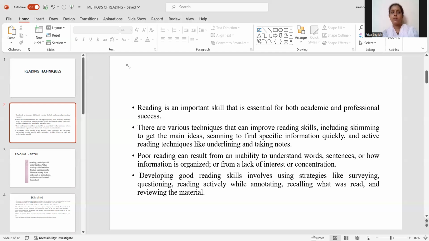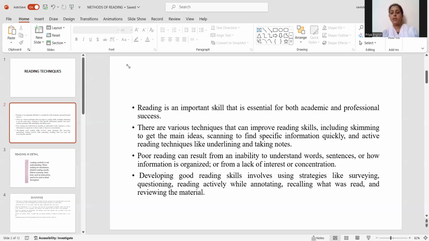When you understand the meaning and the main idea of the text, try to make notes for yourself. This is a very effective technique to improve your reading skills, and it will help you understand the text thoroughly. You get the complete idea about the text, in a very precise manner.